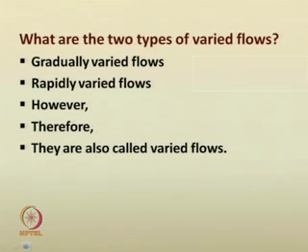There are mainly 2 types of varied flow, that is gradually varied flow and rapidly varied flow. In general, we can call both of them varied flows. How does the flow vary gradually?